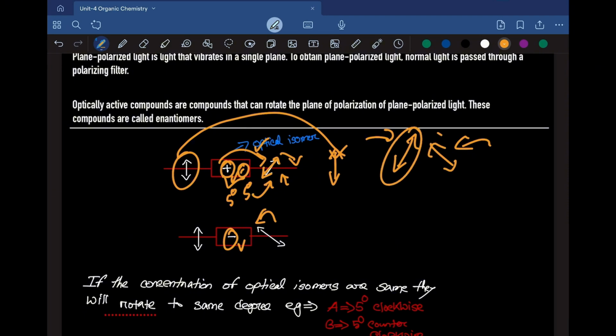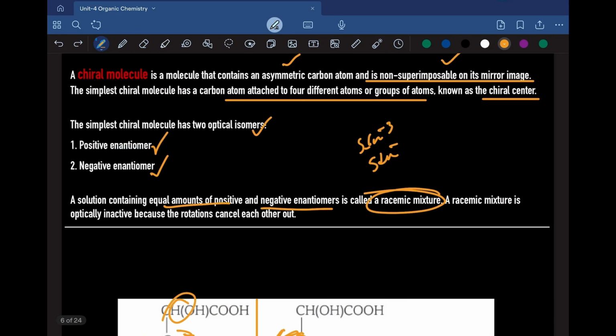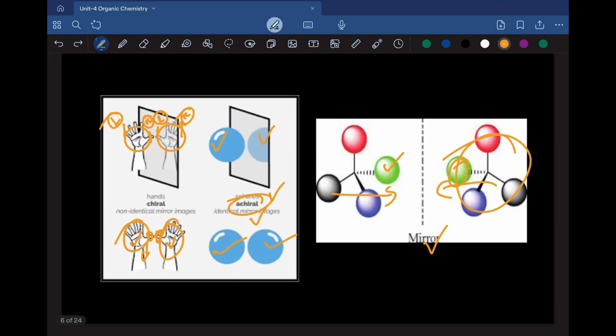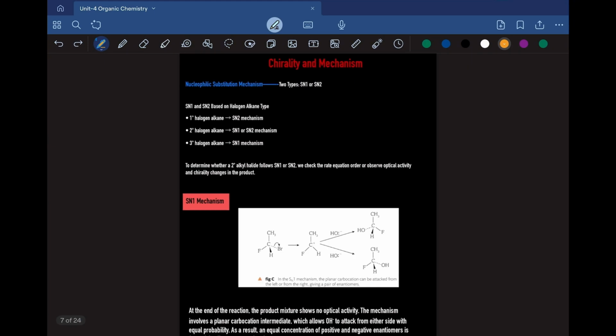So both the rotations cancel each other out and it becomes completely vertical, just like the previous one. So when you have the same concentration of positive and negative enantiomers in a solution, it becomes a racemic mixture, which means the two rotations cancel each other out. There is no rotation. It remains completely vertical. So basically we are completely done with the chiral molecule.